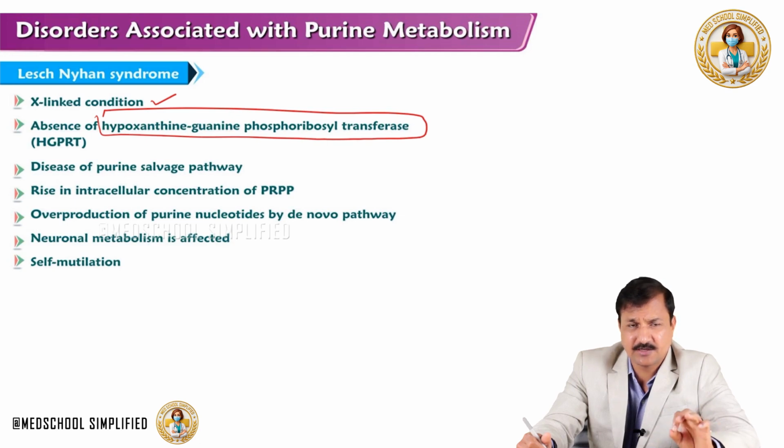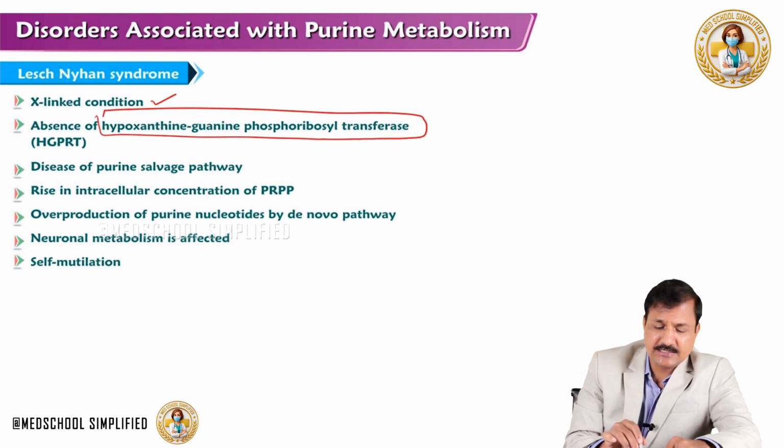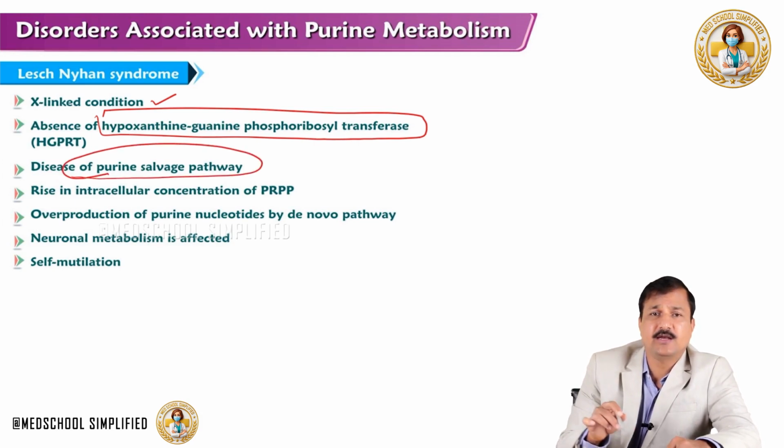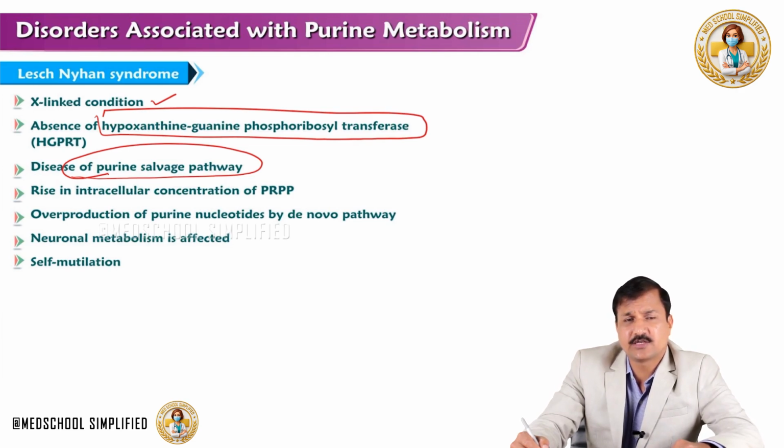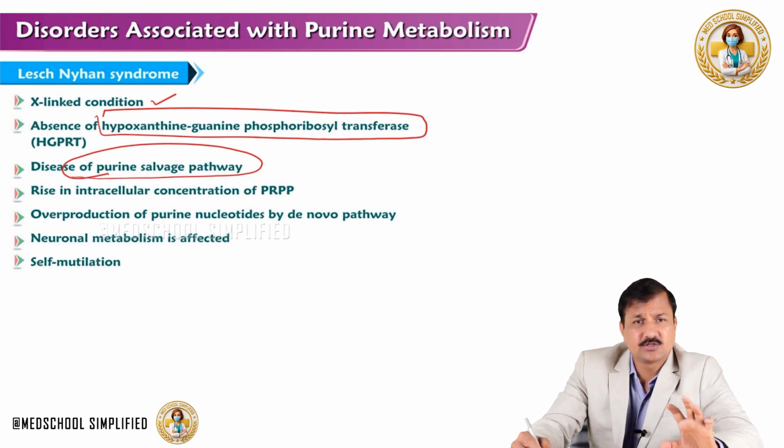So it is a disease of purine salvage, where adenine is converted to adenosine monophosphate, and guanine or hypoxanthine is converted into guanosine monophosphate or inosine monophosphate. These are all purine salvage pathways where HGPRT is involved.